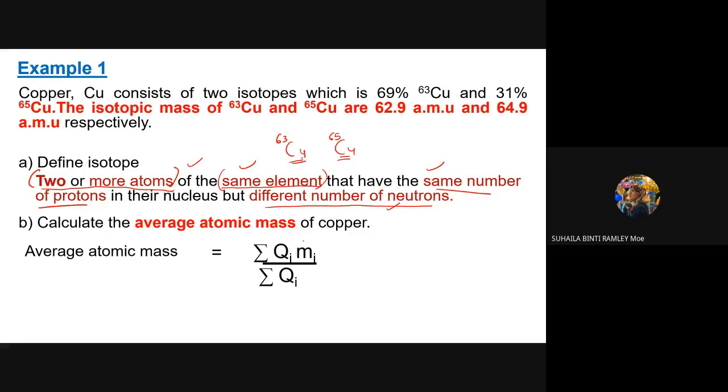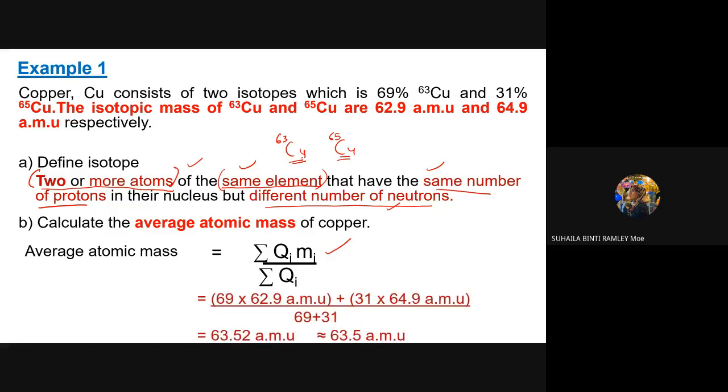Okay, next, calculate the average atomic mass. Before we calculate, make sure you write the formula. The formula will give you 1 mark. The formula is summation of k m over k. Then substitute the value. k refers to quantity, which means percentage.